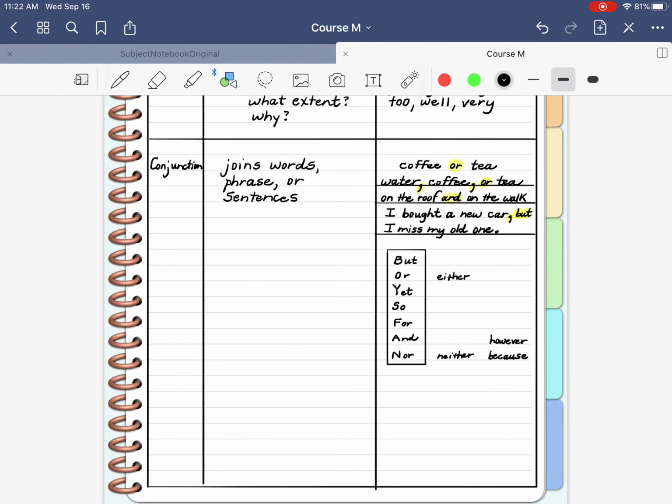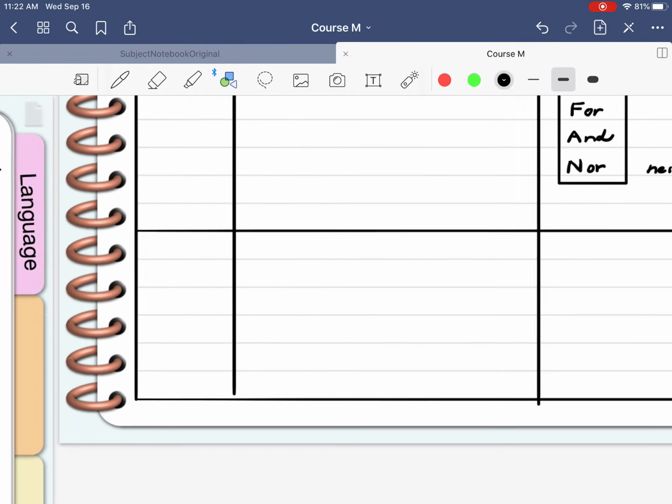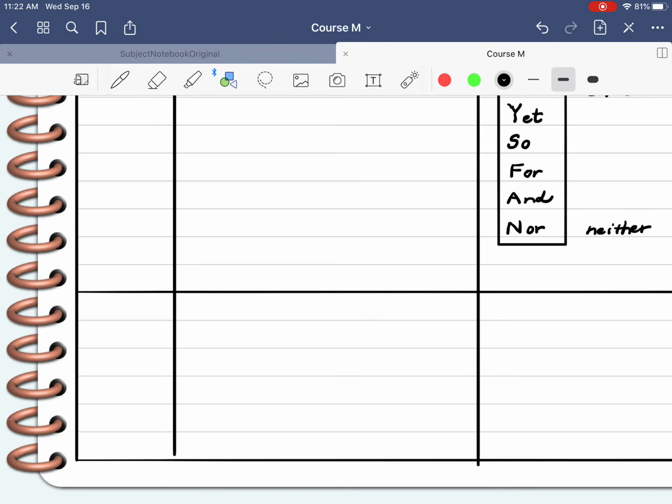Okay, can I squeeze in? Let's go ahead and do interjection right here. So I want to put a line and tell you about the interjection. This one is not very common, but it is one of the parts of speech and we need to talk about it.